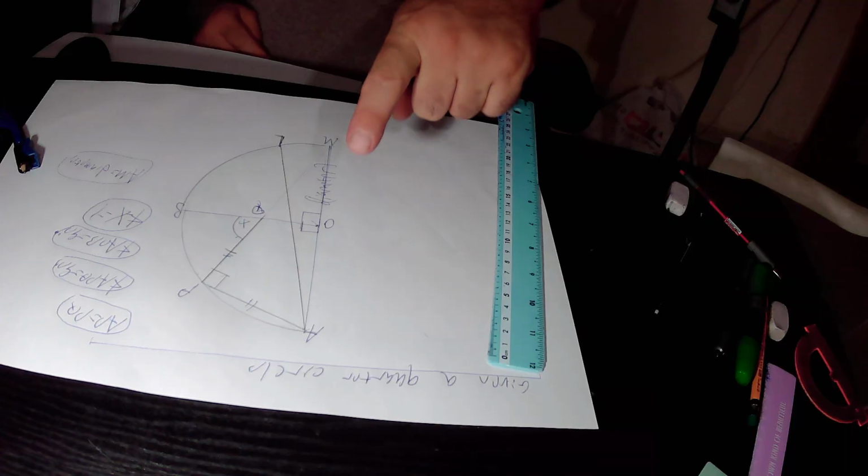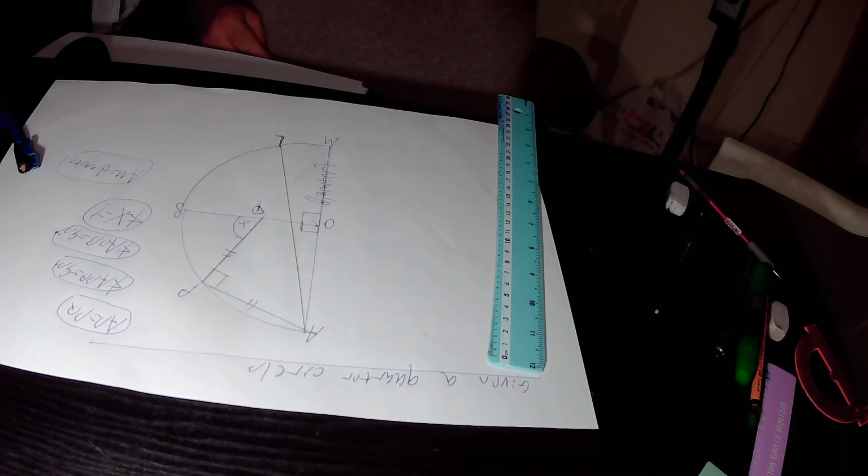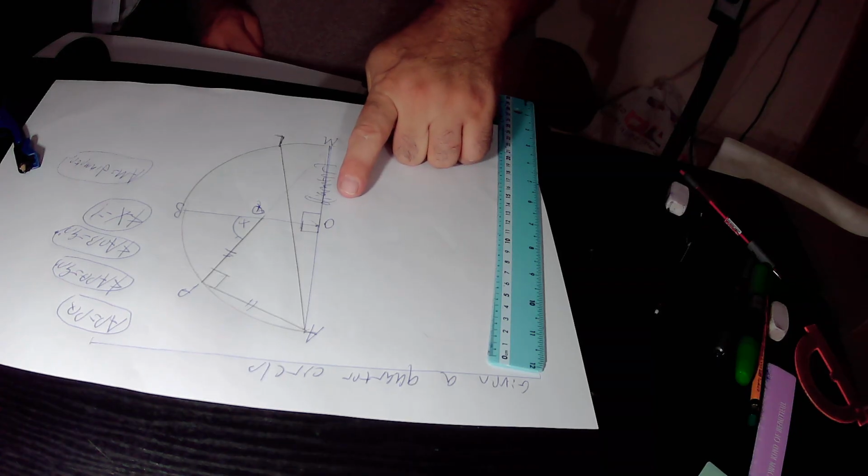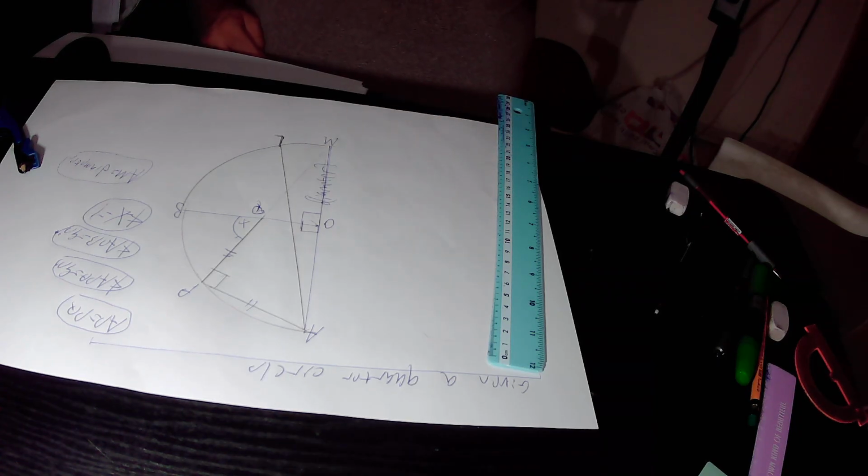But AL is definitely not the diameter of the semicircle, because the center of the semicircle is at point O. And because chord AL doesn't pass through the center of the semicircle, it cannot be the diameter of the semicircle. Now we have a contradiction to rule 5.